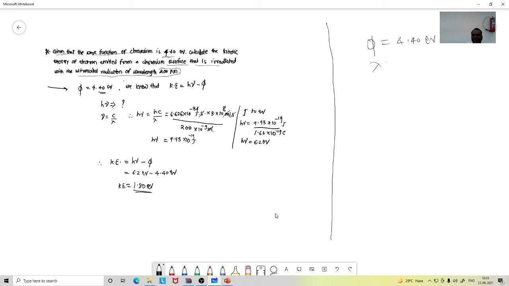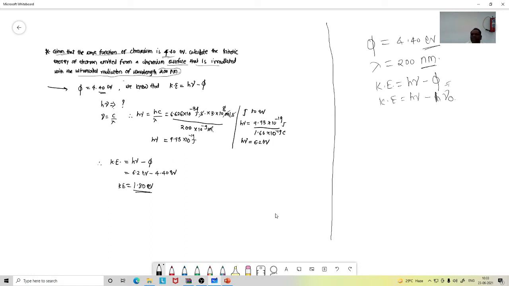Wavelength is given, lambda is equal to 200 nanometer. Now this is in electron volt, this is in nanometer. We know that kinetic energy of the ejected electron is equal to h nu minus phi, that is kinetic energy is equal to h nu minus h nu zero, right?